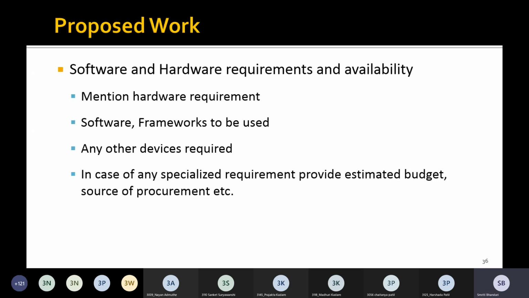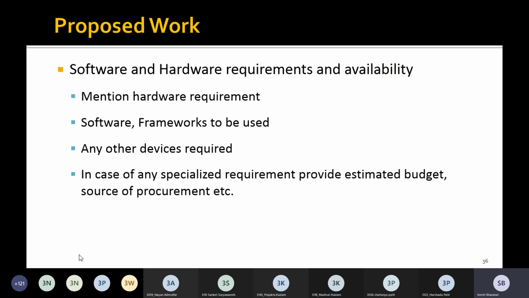So if there is any specialized requirement, then we need to provide the budget for the required equipment. And it would be better if we provide the source of procurement. If you are going to procure or purchase that, then what is the source of procurement?